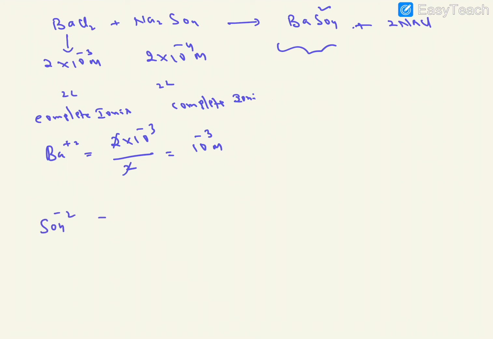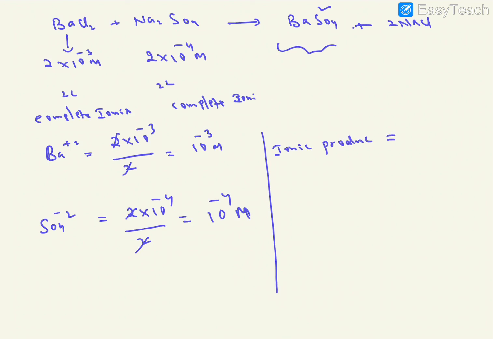The 2 cancels. And the sulfate SO4 2- concentration is 2 into 10 to the power of minus 4 divided by 2. The 2 cancels, giving 10 to the power of minus 4 molarity.